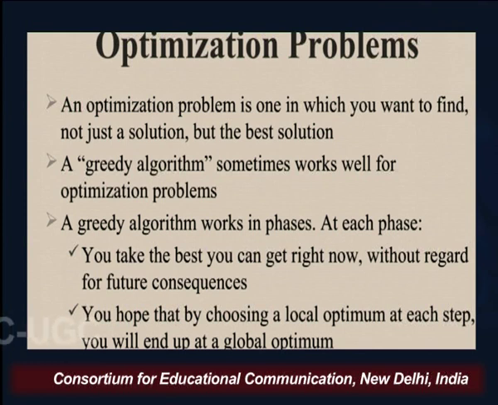Greedy algorithm, if we look into detail, works in phases. At each phase you take the best you can get right now. When I say right now, I am again referring to the local optimum, picking it without looking into the future consequences of picking it.